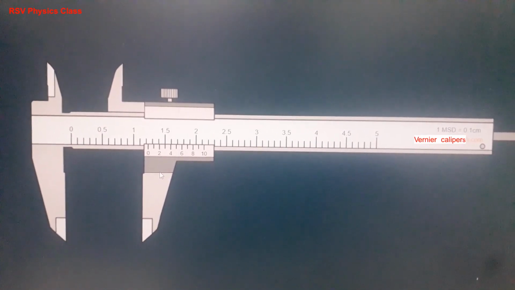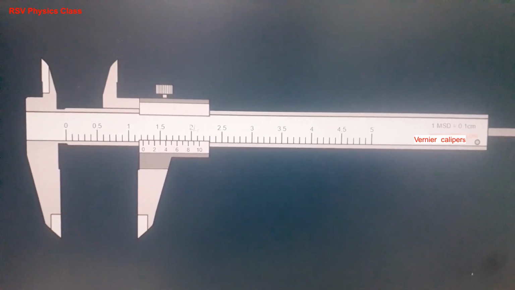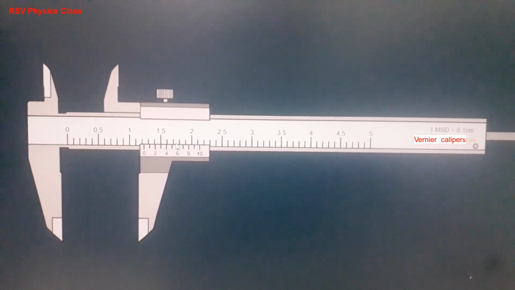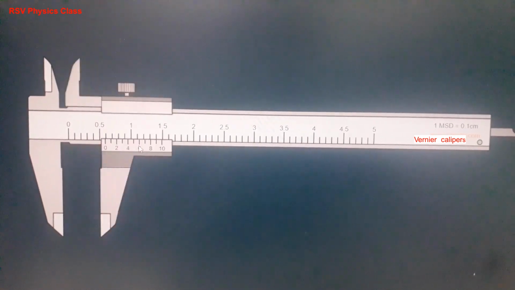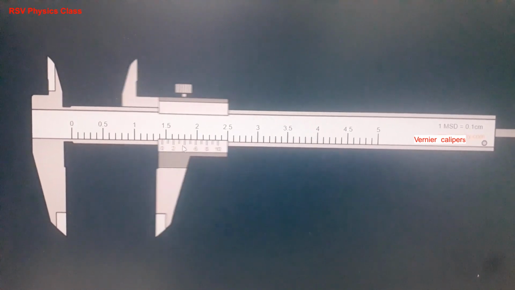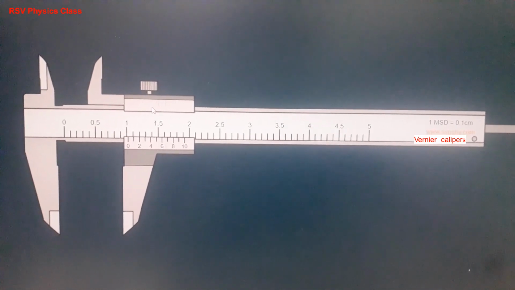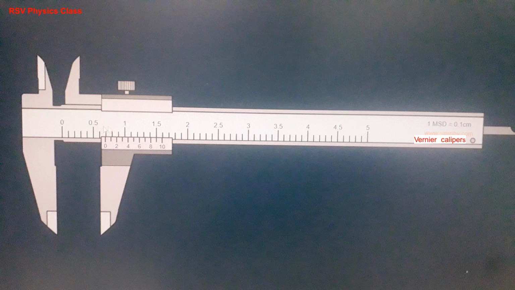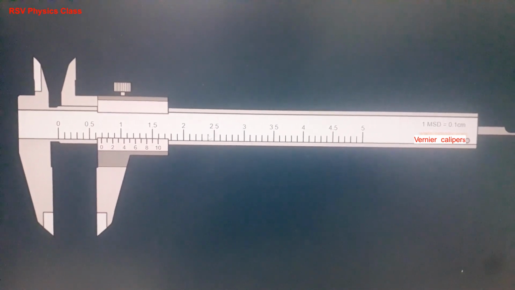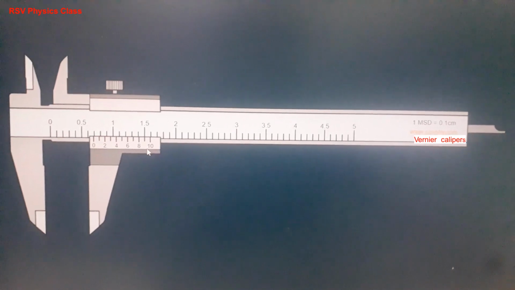So here I am showing some animation of slide calipers or vernier calipers. Just see this is moving, okay, and if you have to put your object here, then when it is touching, you have to tighten the screw. So this is the main scale, meter scale, and this is the vernier scale, that is 10 divisions, that I have already described.